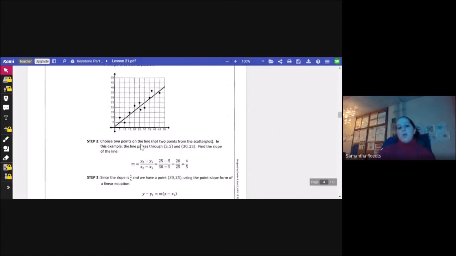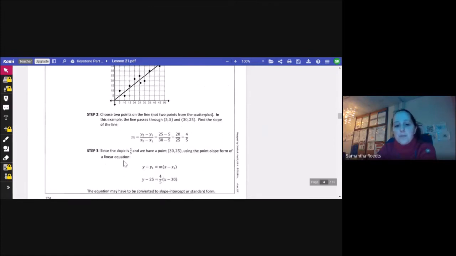I then choose 2 points on the line, not 2 points from the scatter plot. In this example, the line passes through 5, 5 and 30, 25. Find the slope of the line. So our slope is y2 minus y1 over x2 minus x1. So 25 minus 5 over 30 minus 5, which gives me 20 over 25 or 4/5. Since the slope is 4/5 and we have the point 30, 25, use the point-slope form of a linear equation.